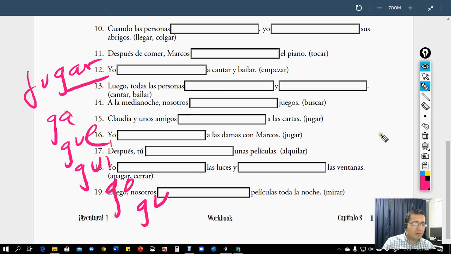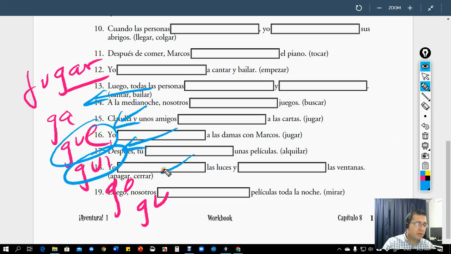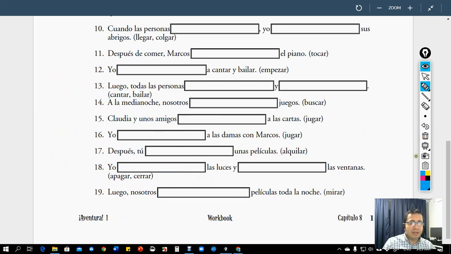So it's a similar rule here when we use the ga sound. Ga, ge, gi. Watch for this one, go and gu. All right, so the last ones that we have with yo are here, apagar and cerrar. Because it's yo in past tense, it's going to sound different in apagar and cerrar.